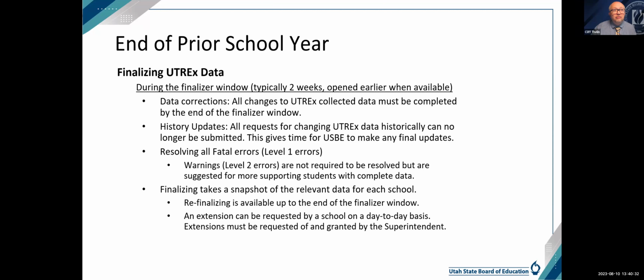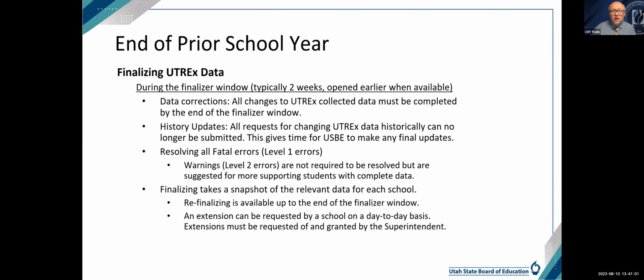Then we have finalizing, which takes a snapshot of the relevant data for each school and district. Refinalizing is available up to the end of the finalizer window. So you can finalize on day 1, and then realize that some changes that came in from another school are going to change what you've got going, and you're going to need to redo that. And that does happen.